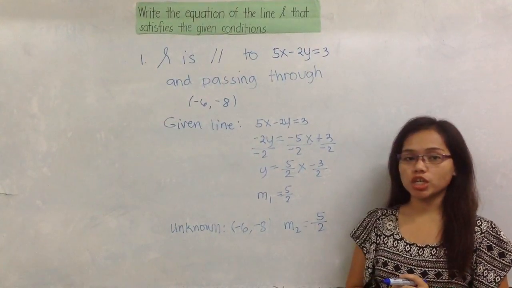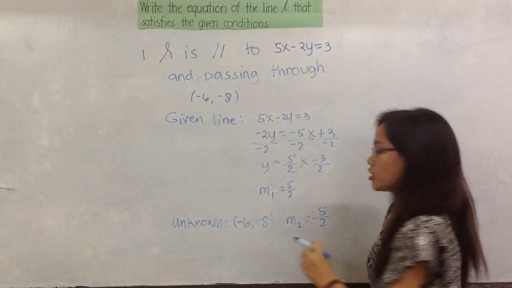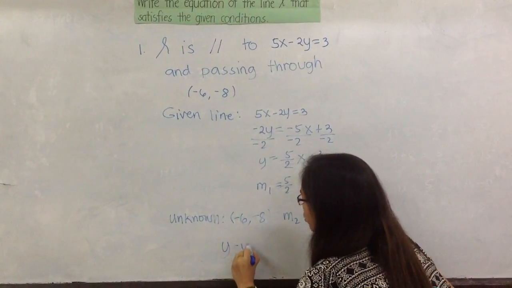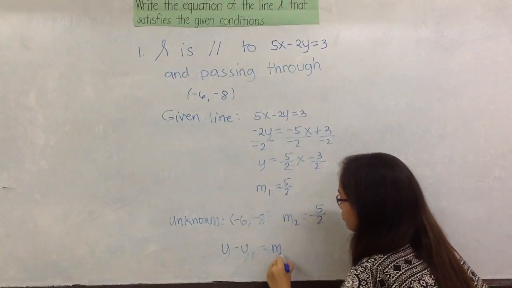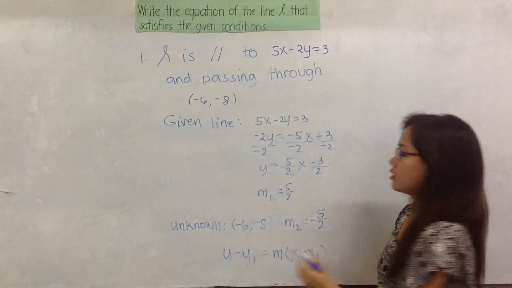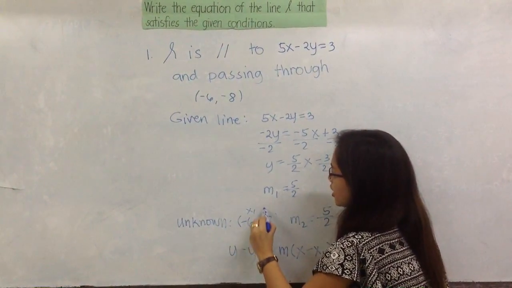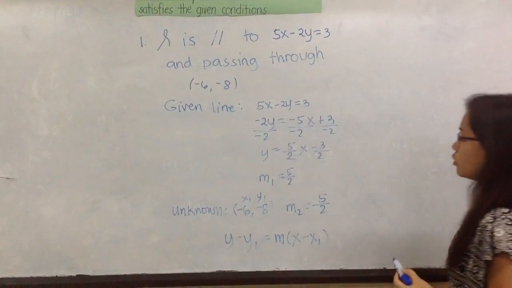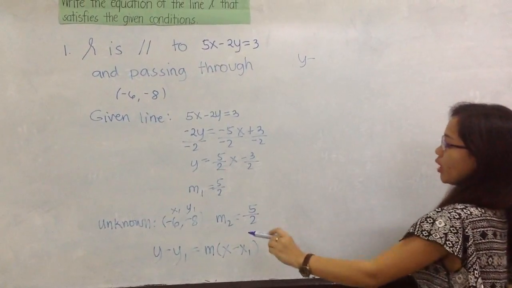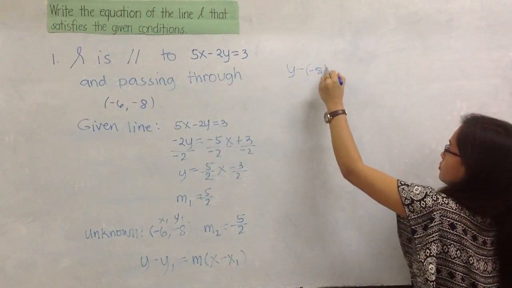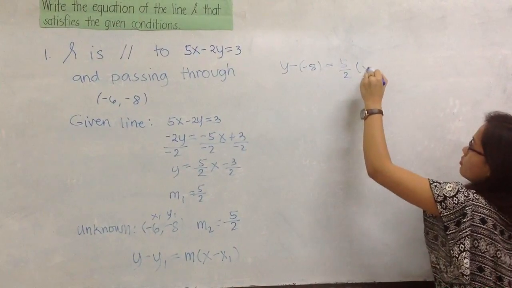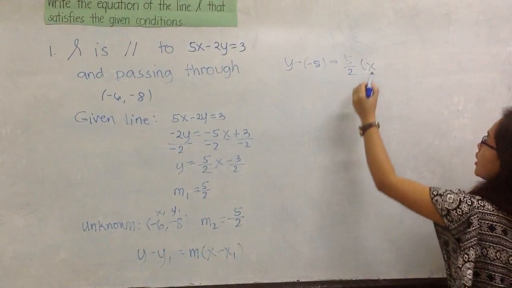And to find the equation of this line, we will use the point slope form, which is in the form of y minus y1 equals m times x minus x1. So we'll assign here: negative 6 will be x1 and negative 8 is y1.